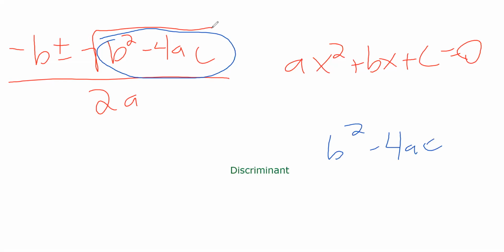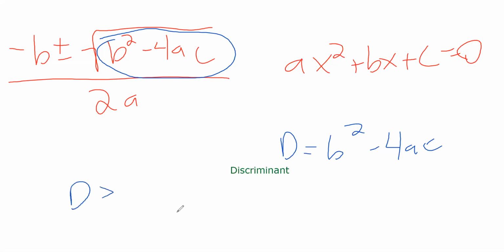That is a quick calculation you can do to decide what the types of solutions are going to look like. So we'll call the discriminant just capital D. And we're going to have three possibilities.